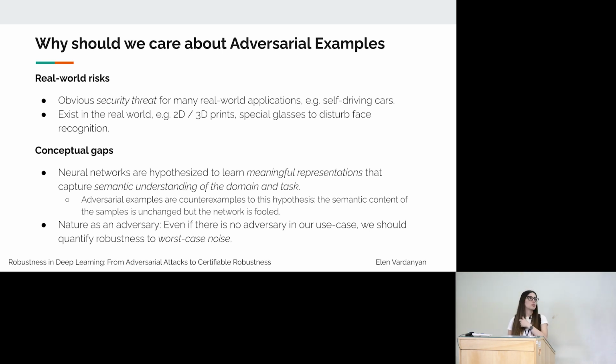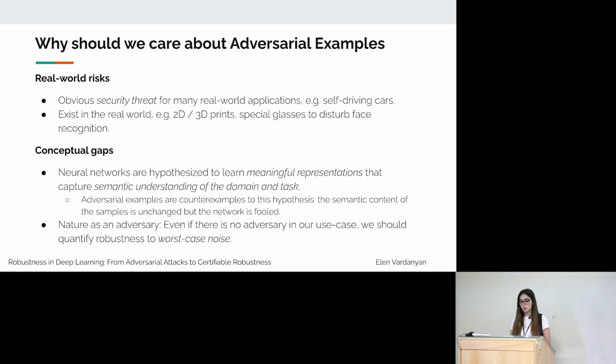Besides these real world risks, we do have these conceptual gaps as well. So in neural network research, we do rely on this hypothesis that the neural networks are supposed to learn meaningful representations that do capture this semantic understanding of the domain.